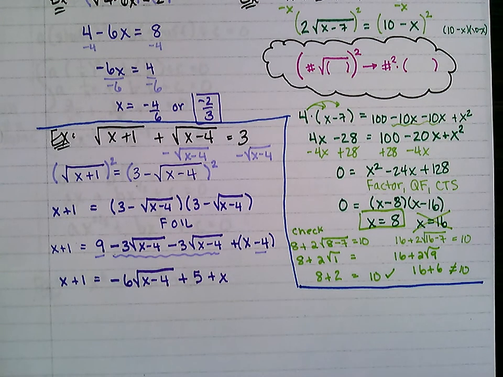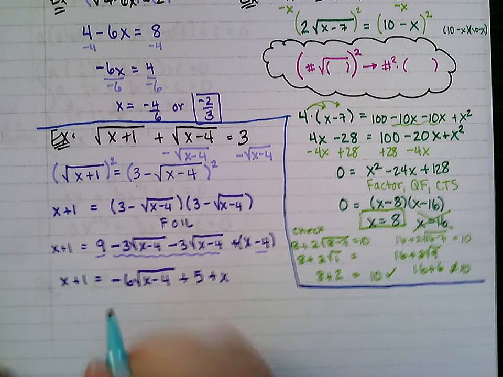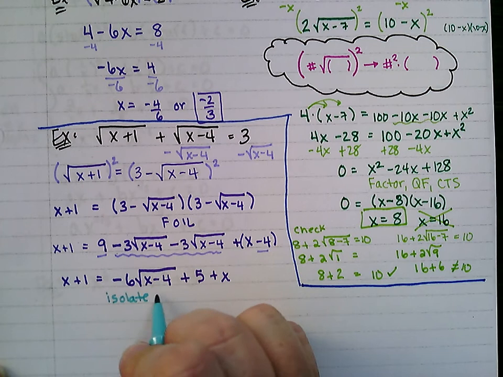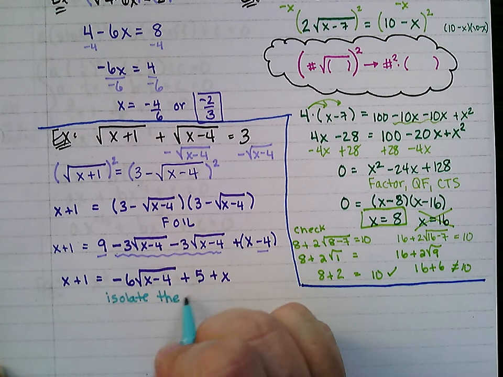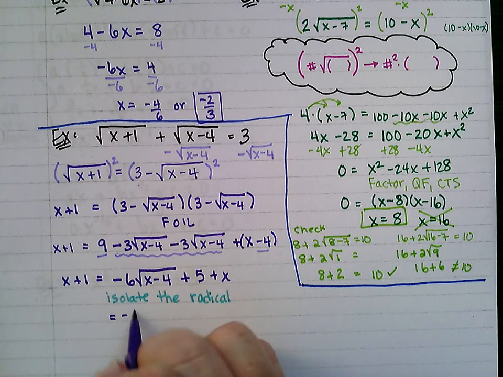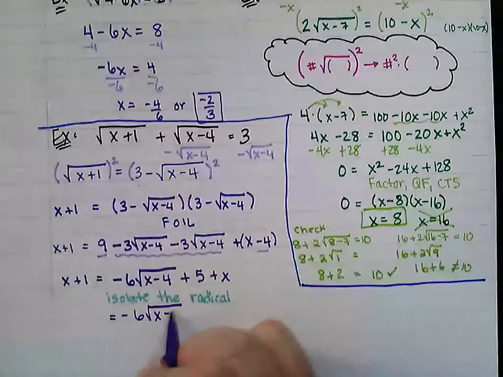So now we're back to an equation with a radical. So we need to isolate the radical again. So I'm going to leave my negative 6 square root of x minus 4 on this side.